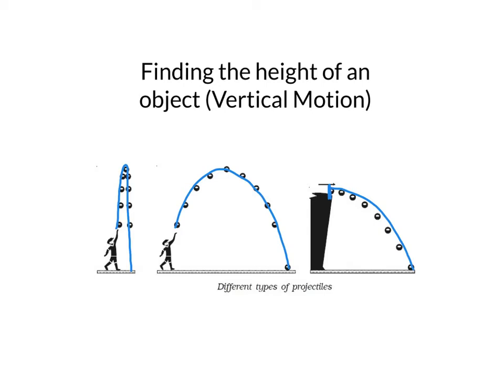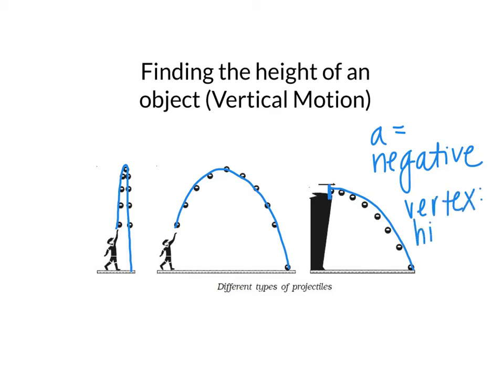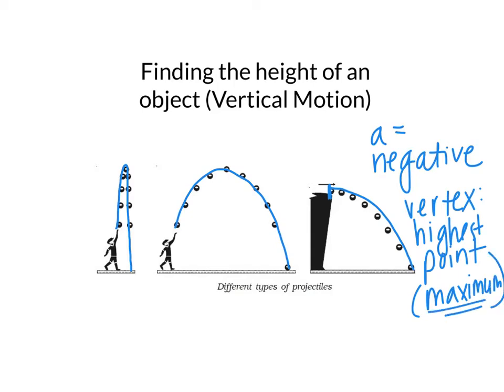And notice for all of these, they're all reflected quadratics. So for all of these, the a value of the quadratic will be negative because they're all reflected, which means that the vertex is always going to be the highest point, or what we like to call the maximum. So that's going to be a key word that we're looking for when we're doing these problems.